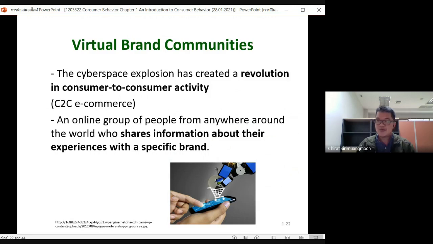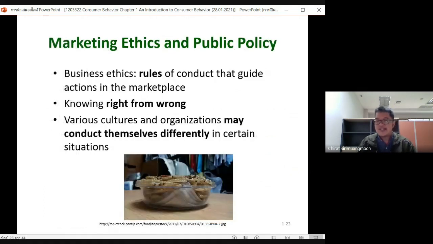Like we can have a group of people who love dogs, so they can share the knowledge. They can share the information. Like my dog is ill, so what am I going to do? So you can do that too. We call these virtual brand communities. Or even we might have a Facebook fan page for Nike users, so they can share the news items, the good things, the bad things from the products. So that is virtual brand community.